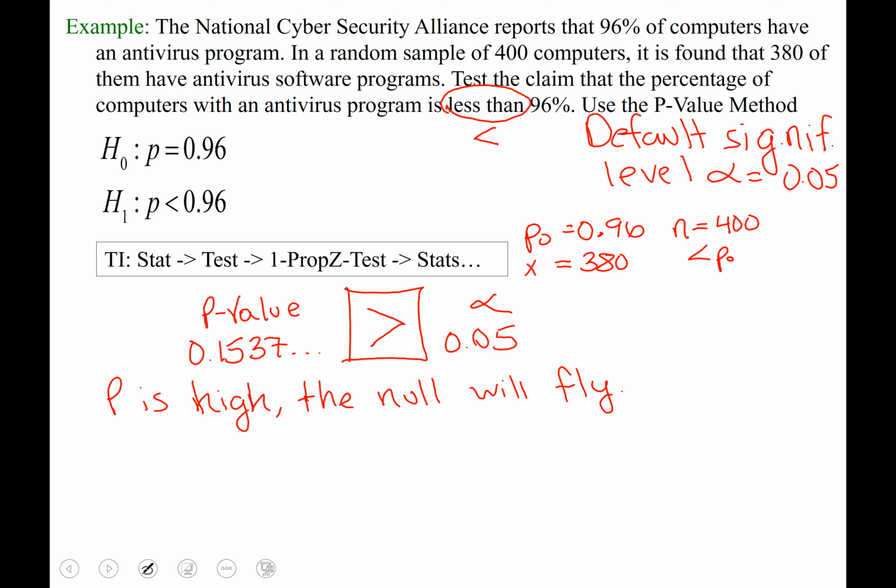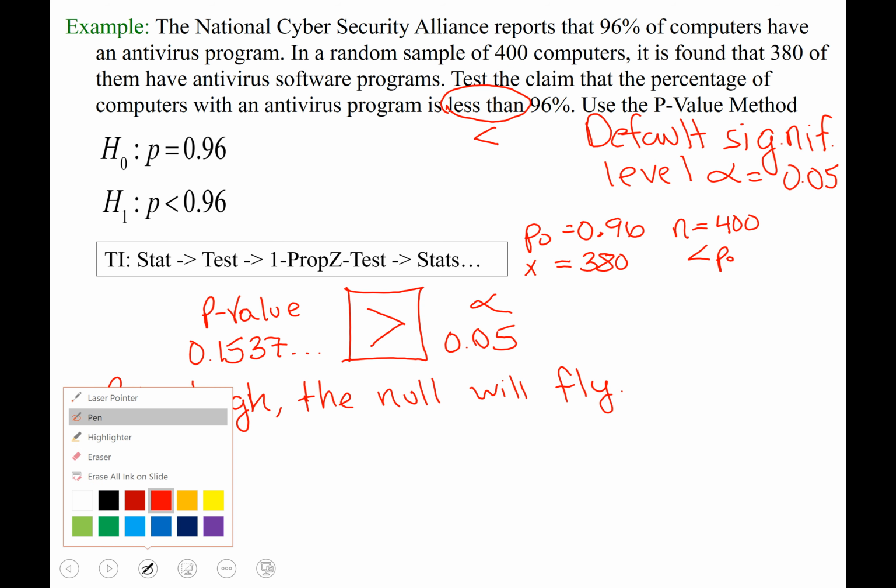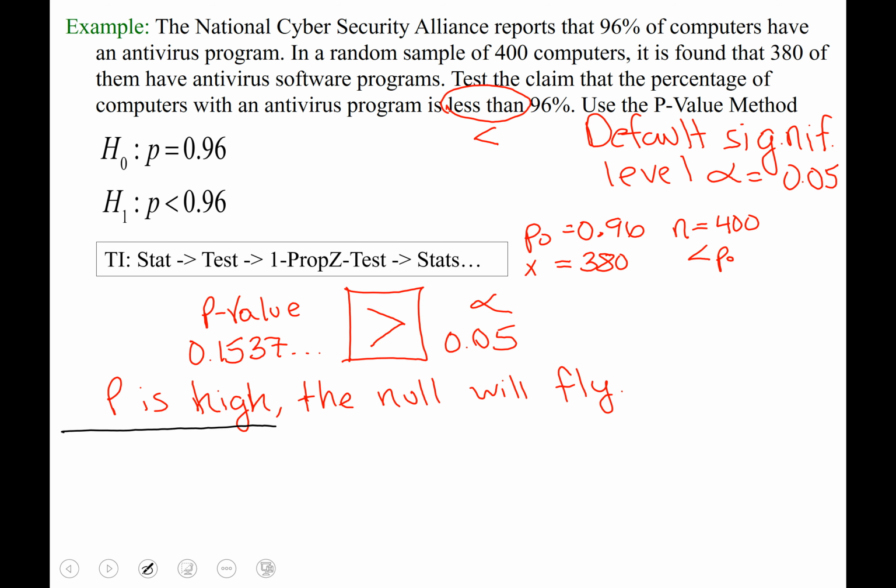Okay, time to make our decision. I'm going to switch to black just to be consistent with the last slide. Our decision, we have two choices: reject the null hypothesis or fail to reject the null hypothesis. It says the null will fly, so we're not going to reject it. It's good, it'll fly. So we're going to fail to reject it.